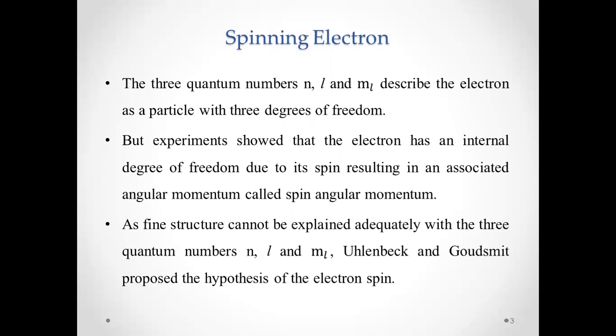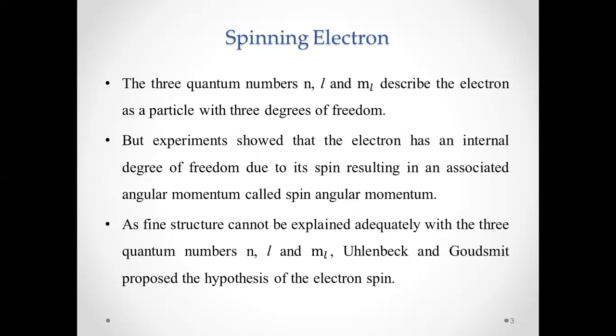Coming to the spinning electron, the three quantum numbers, the principal quantum number n, the orbital quantum number l, and the magnetic orbital quantum number ml, describe the electron as a particle with 3 degrees of freedom.